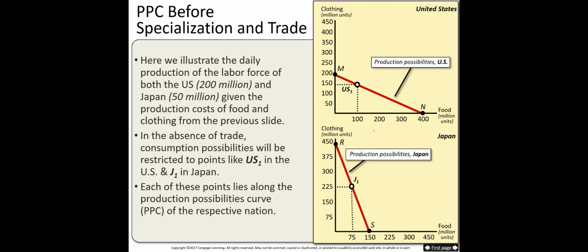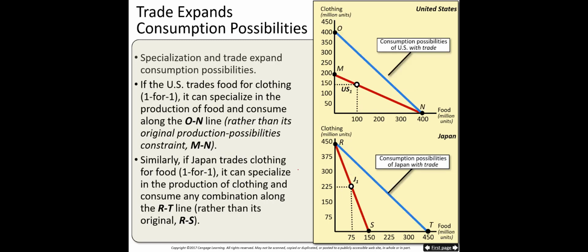In the absence of trade, consumption possibilities will be restricted, at points like US 1 here: 150 units of clothing and 100 million units of food. And for Japan, it's going to be 225 million units of clothing and 75 million units of food. Each of these points lies along the production possibility curves, therefore they are efficiently produced using all the resources the countries have. Now let's introduce the trade.